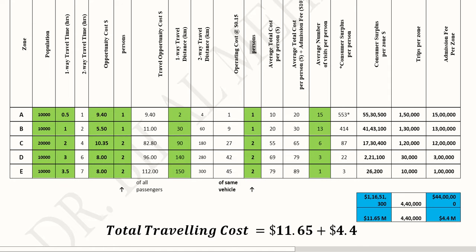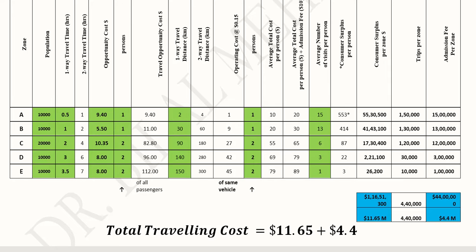Now we come down to the people again, the passengers. We already know that they are 1, 1, 2, 2, 2, as we already listed them before. Now the average total cost per person will be calculated. So the average total cost per person is simply the sum of the two costs, that is the opportunity cost and the operating cost, and then we will divide it by the number of persons in a vehicle.